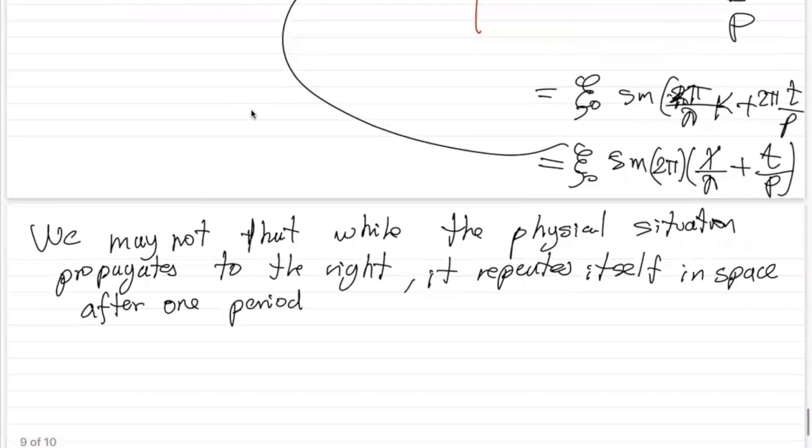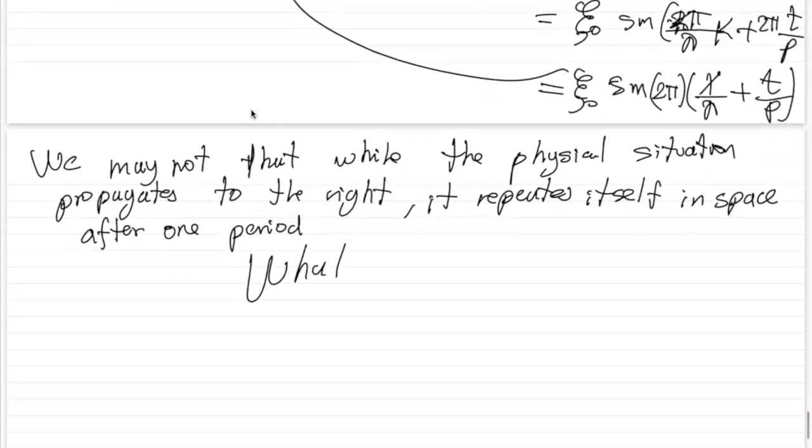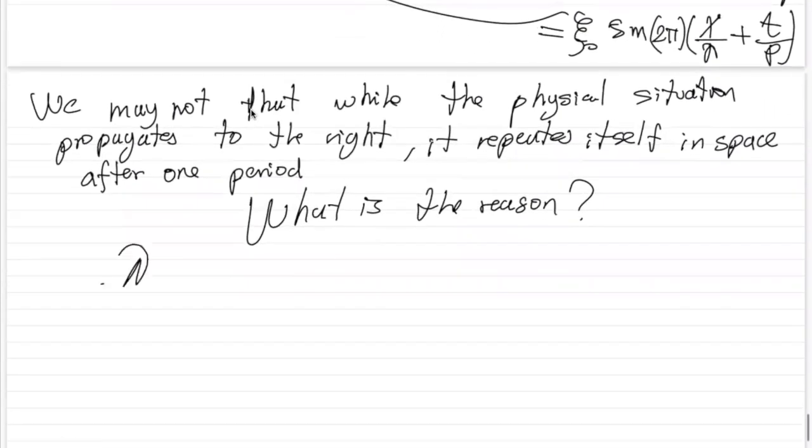But what is the reason here? The reason is because lambda is defined as velocity over frequency, that means velocity times the period.